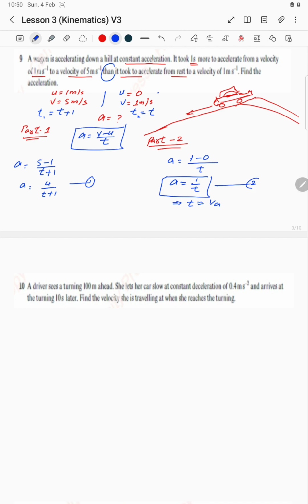We can write a t plus a equal to 4. Substituting t is 1 over a: 1 plus a equal to 4, so a will be 3 meters per second squared. That is the final answer of this question.